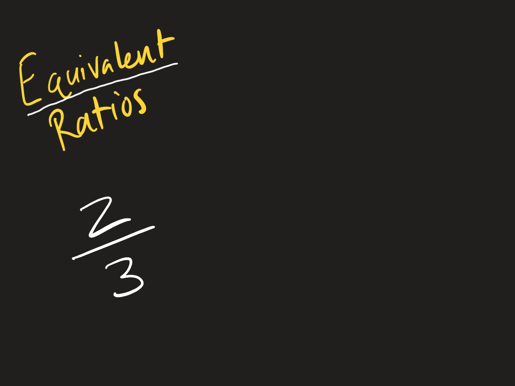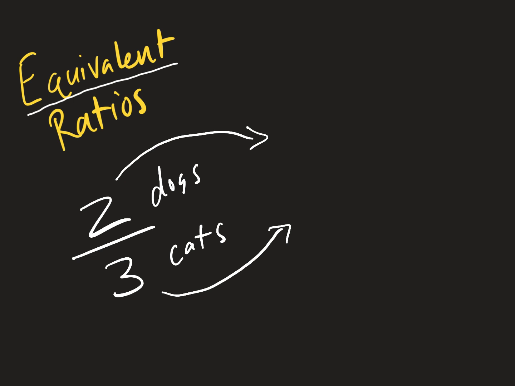So if I have 2 dogs and 3 cats, my ratio of dogs to cats is 2/3. An equivalent ratio would be something that I can multiply these two numbers by with the same value to get a new ratio. And we would call those equivalent.